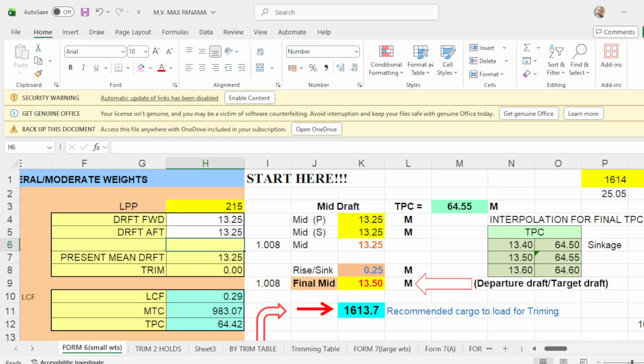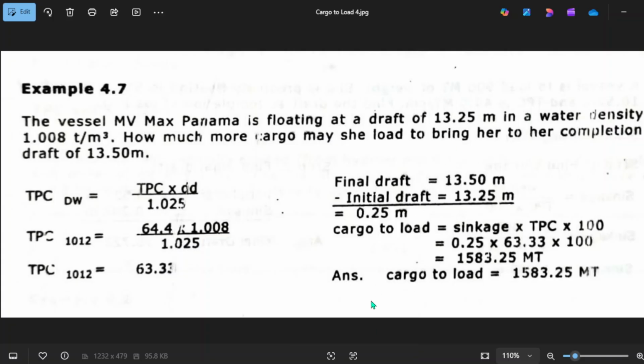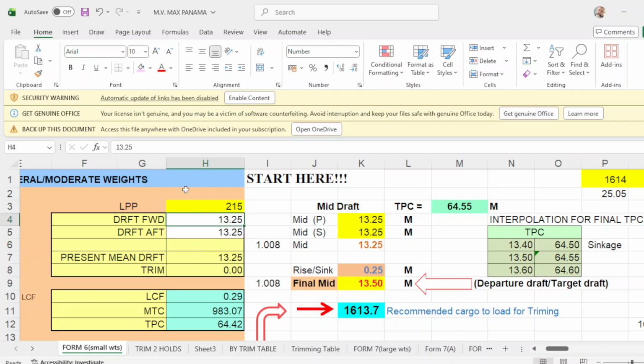You put here 13.25, okay? So in the program, you put here forward 13.25 and aft is 13.25, and the actual reading at mid port is 13.25 and mid starboard is 13.25, okay?